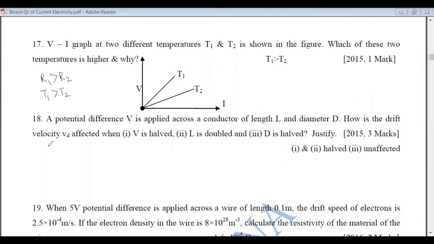Question number 18: a potential difference V is applied across a conductor of length L and diameter D. How is the drift velocity affected?